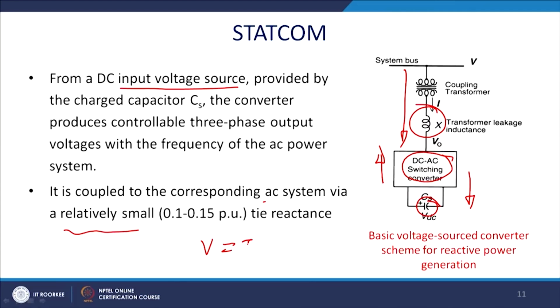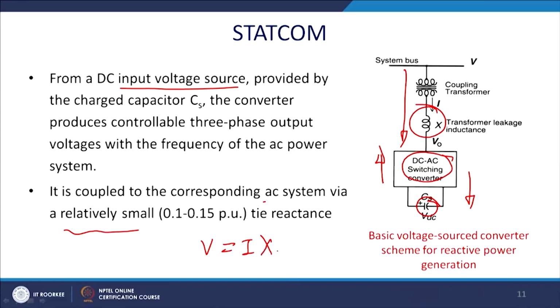So, the rating of these devices will depend on the factor of safety. You will choose the power rating of the Statcom into XS, into 0.15.